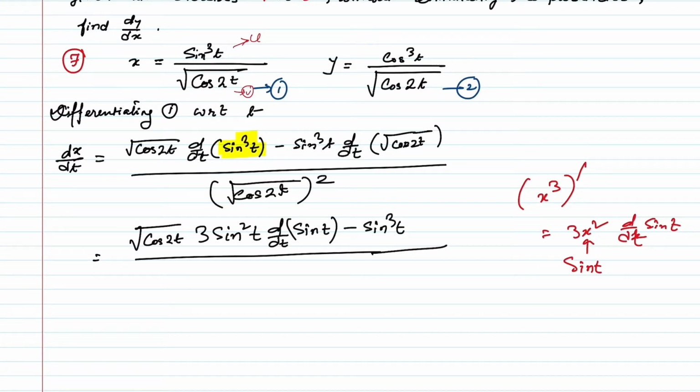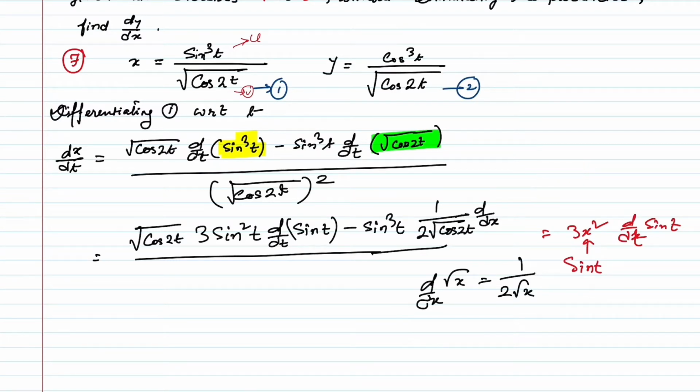So how to differentiate this, root over cos 2t? Now we know that the derivative of root x is 1 by 2 root x, isn't it? So if you compare with this one, then you must get 1 by 2 root cos twice t. Then again you should differentiate cos 2t. So let me clean this.